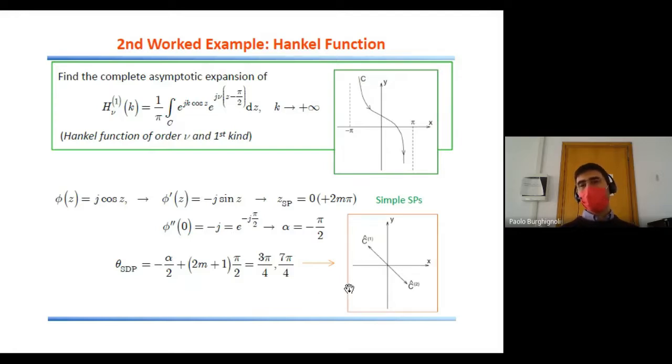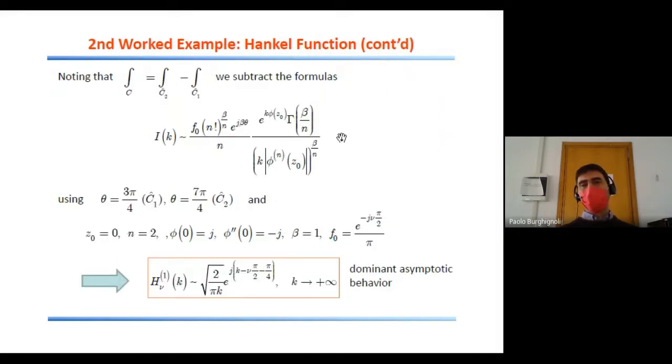Then for both C1 and C2, we can employ the general formula that we derived before, that is repeated here in its general term, and we will in particular enforce this formula for the specific case we are considering by letting, for example, theta equal to 3 pi over 4 for C1, or 7 pi over 4 for C2. And the saddle point z0 is at the origin, so z0 is equal to 0. It's a first order saddle point, so n is equal to 2.